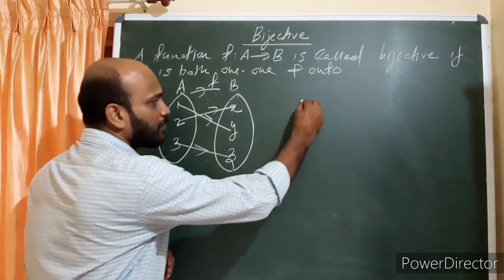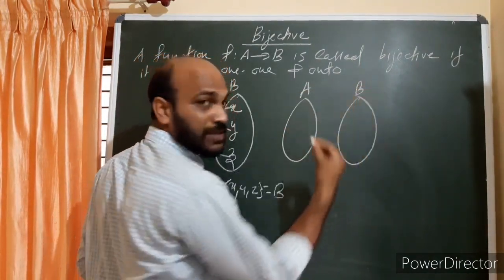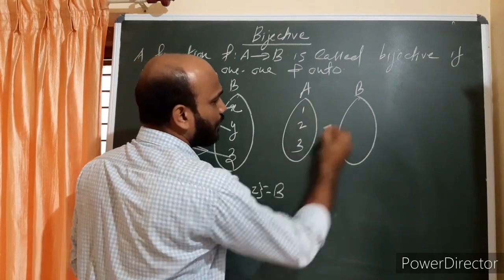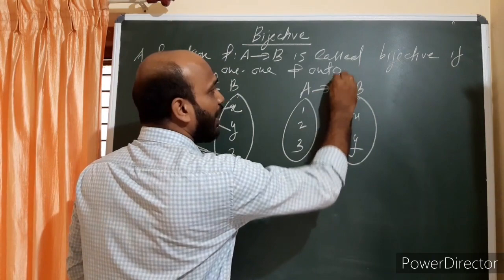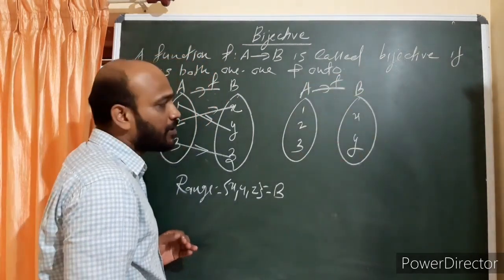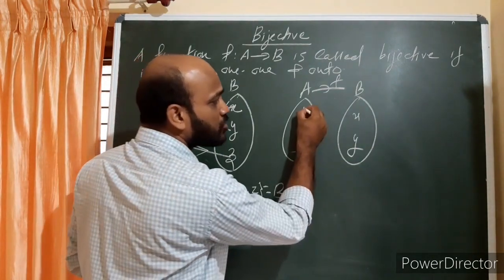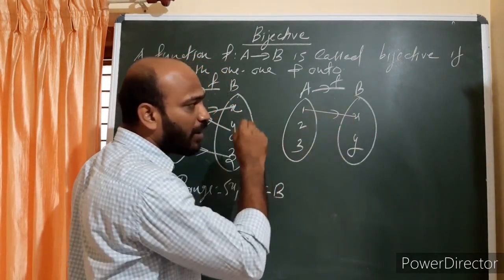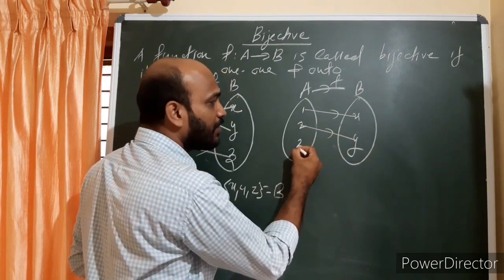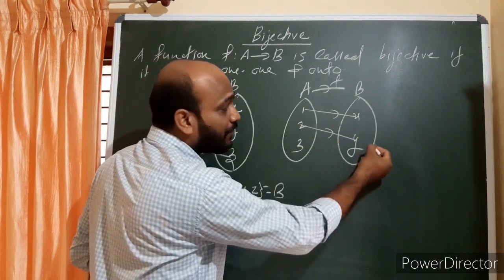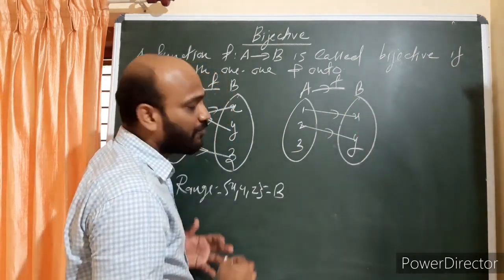For example, suppose there are 2 sets, A consists of 3 elements and B consists of 2 elements. Here, the number of elements in A is more than the number of elements in B. Can we form a bijective function from A to B? It should be one-one. So I am relating 1 with x, 2 with y. Then 3 I have to relate with any of these two elements, otherwise it will not be a function.